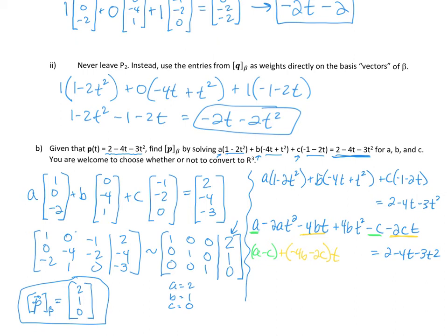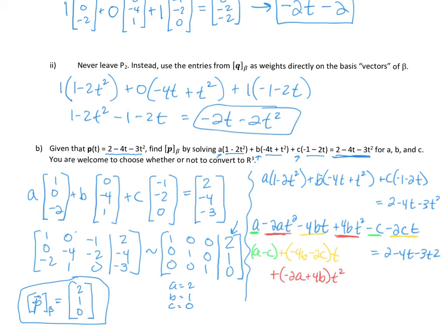And then my t squared terms, negative 2at squared plus 4bt squared. So I'm going to have plus negative 2a plus 4b times t squared. And that equals 2 minus 4t minus 3t squared.